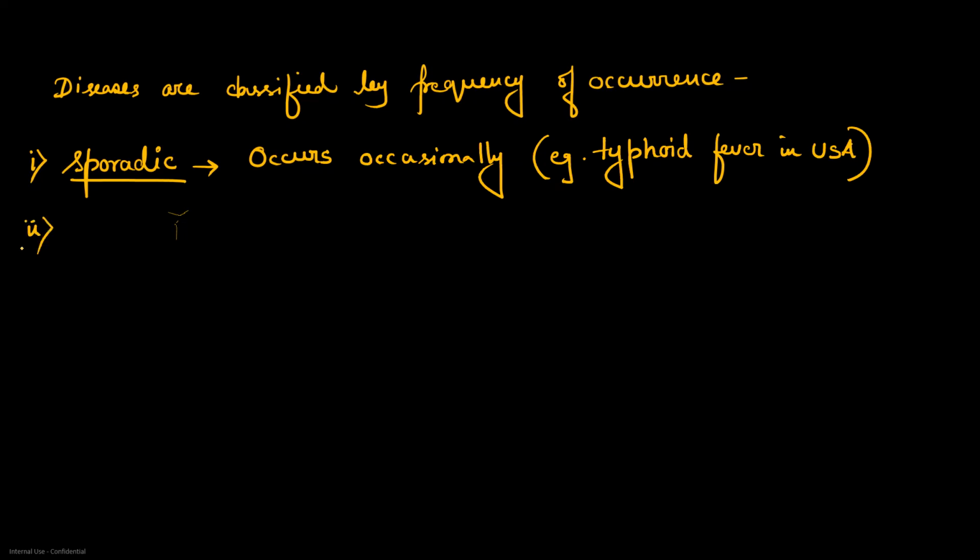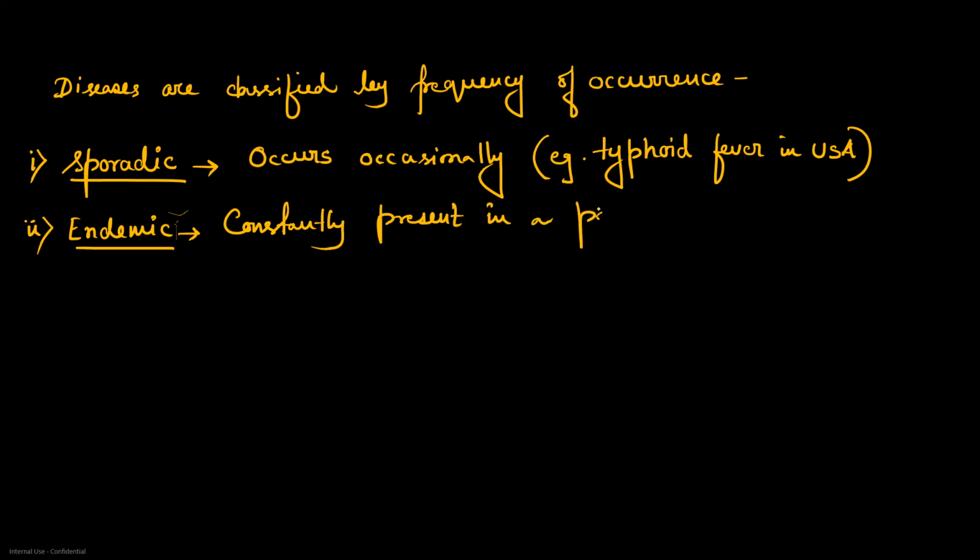Second, what do we have? Endemic. What is endemic? It is constantly present in a population. It doesn't go away. Next, what do you have?